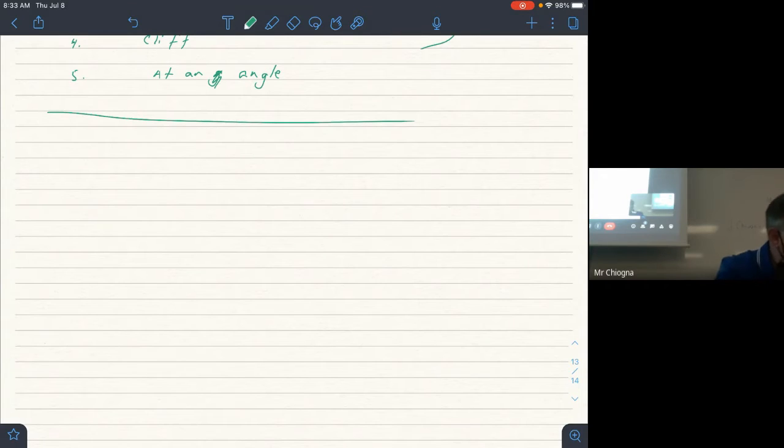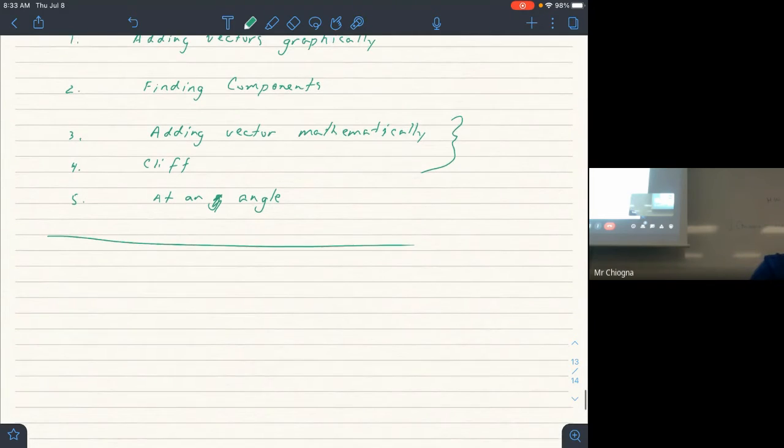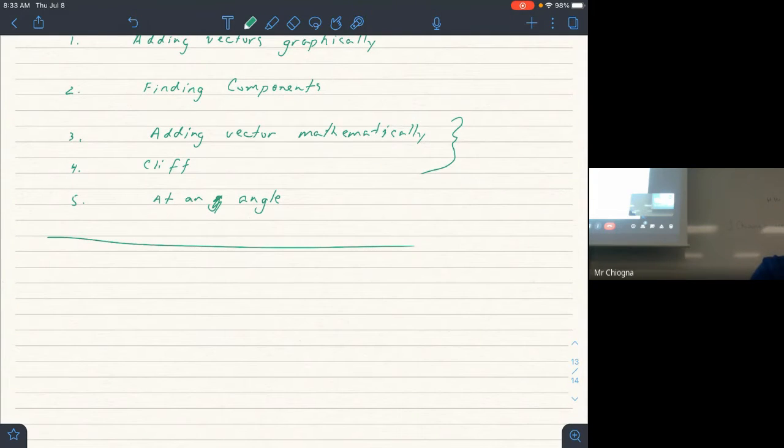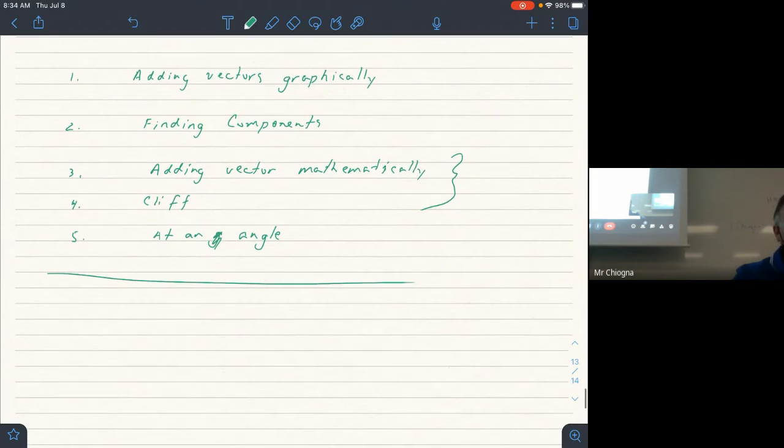Okay, so I'm going to backtrack just a little. Page 103. Did we go over 103? I don't think we did. They're pretty easy answers, but I just want to highlight a couple things.